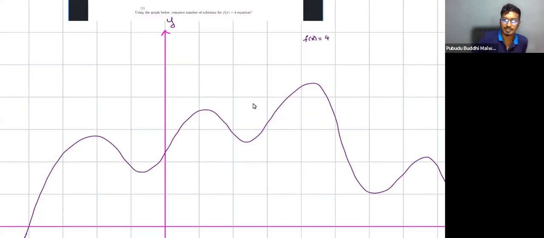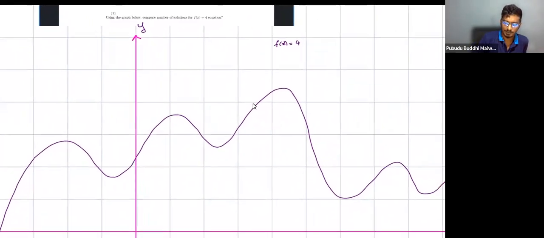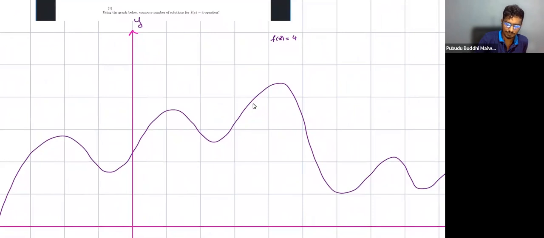In other words, what they're asking is, what are the x values which give us that height? Height equals 4.